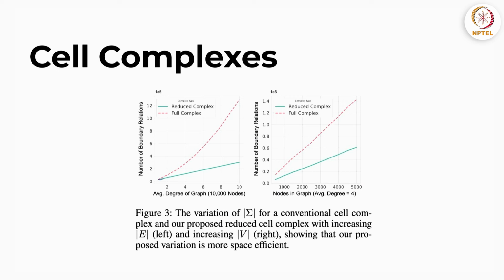You can see here our reduced complex is this line, which is scaling linearly, approximately 3 times the number in practice. But when we have the full complex, it's scaling at a very fast rate compared to the reduced complex. So as soon as we go to very large graphs, using cell complexes becomes inefficient and impractical.